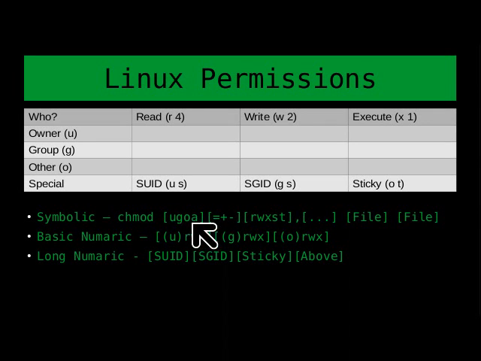So if I want to say chmod, let's say I just wanted to set the user and the group permissions, I would just say chmod ug and then whatever operator I want in here, and then whatever permissions. And then if I wanted to set everything at the same time, there's that shortcut to just say A. I want to add read permissions to everyone. So chmod space A plus R.